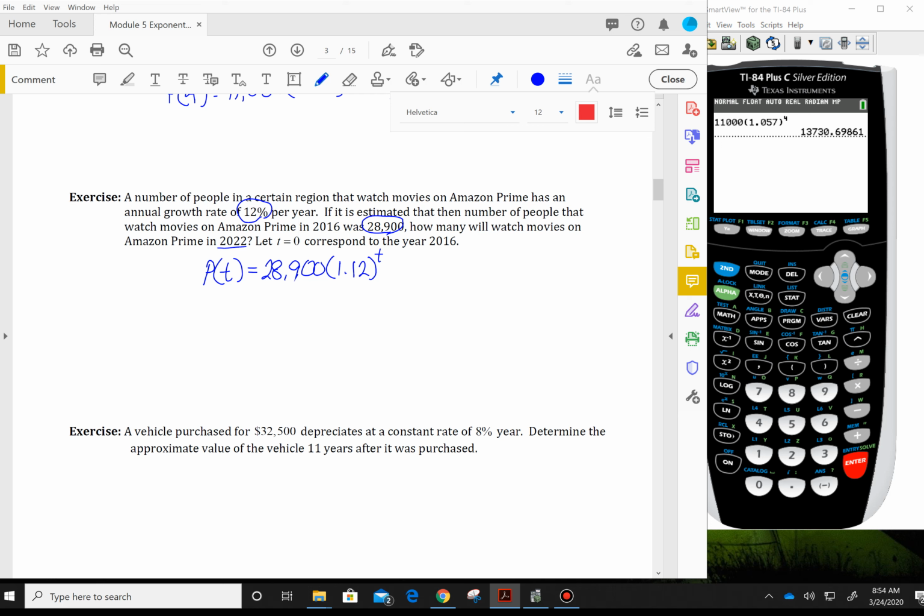Notice that 2022 is 6 years after 2016. So we're going to be looking at P of 6. And we'll evaluate this as 28,900 times 1.12 raised to the 6th.